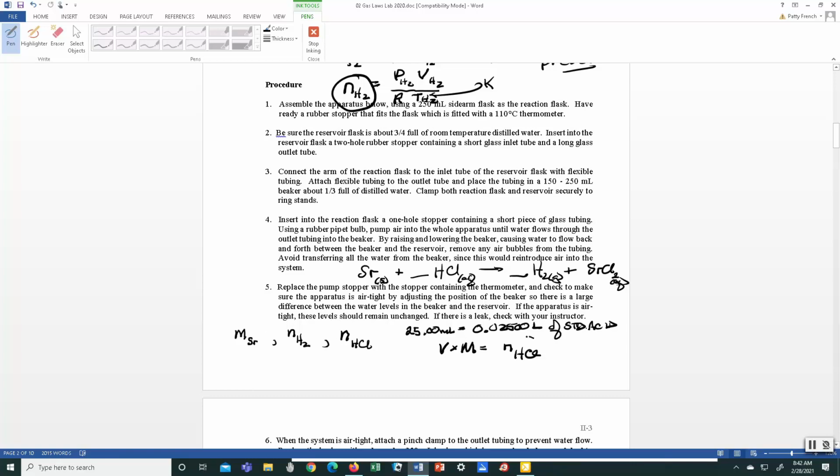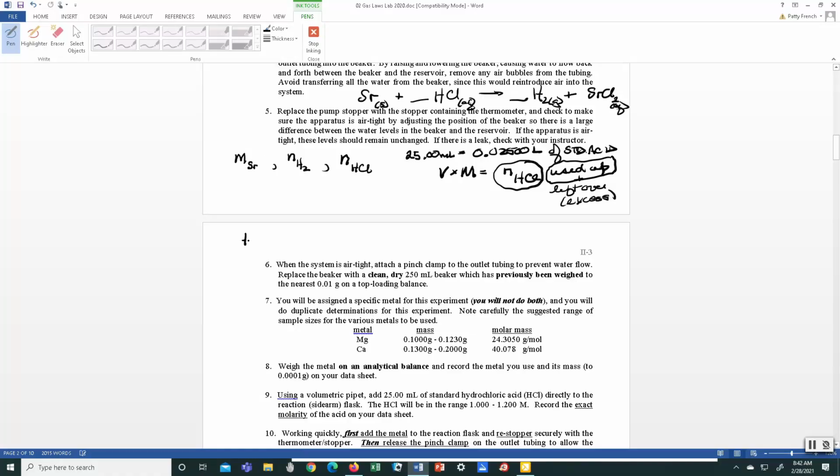Some of this acid gets used up, but some of it is left over, or excess. Uh-oh. Well, so how are we going to figure out how much is excess? Because the used up amount is the stuff we want.